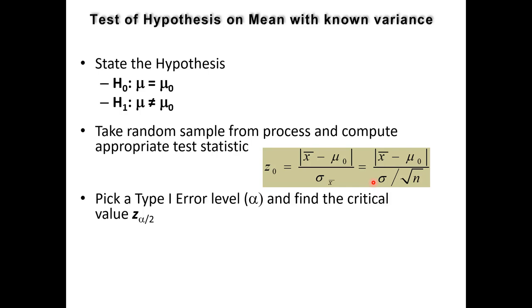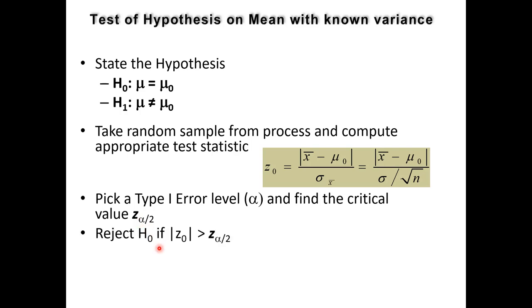Next step is to pick the level of significance denoted by alpha, also known as the type 1 error. You need to find the critical value based on your Z as well as your selected level of significance. This is the normal procedure of conducting hypothesis testing, and I'm sure you are also familiar with all this.